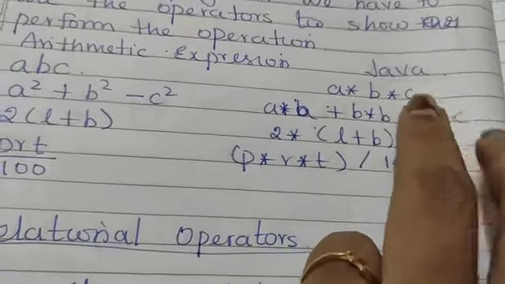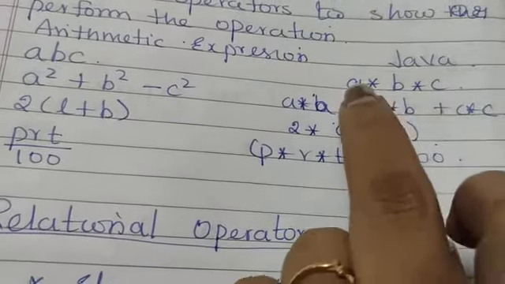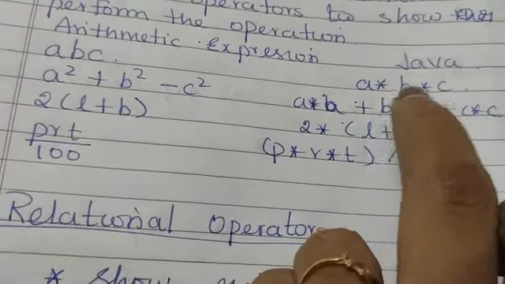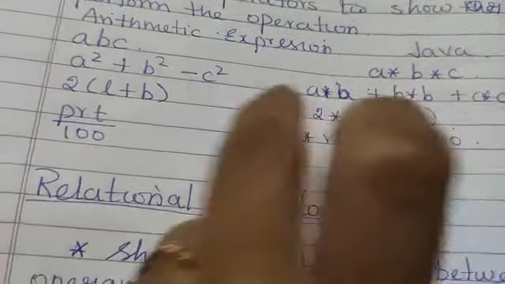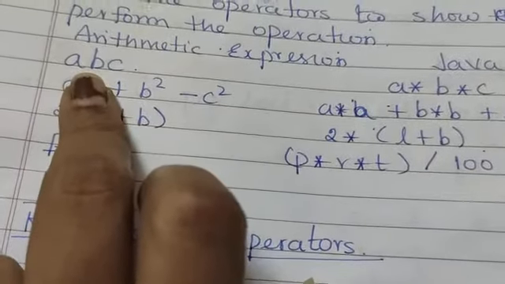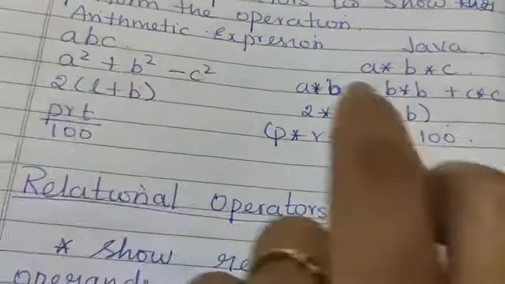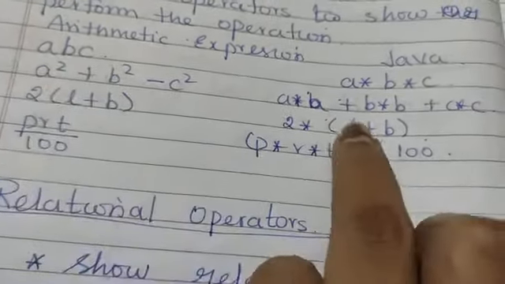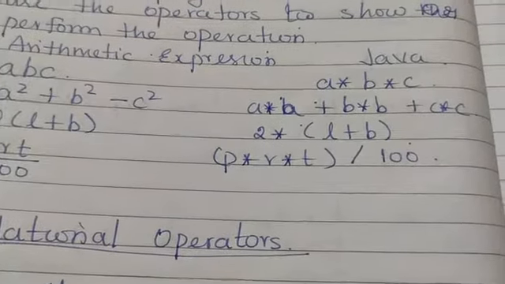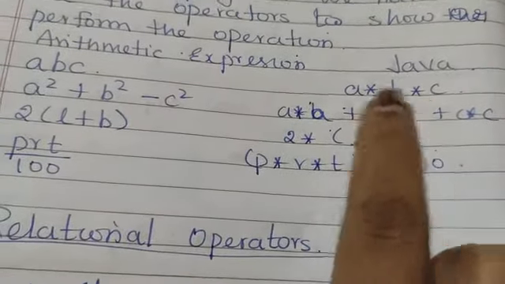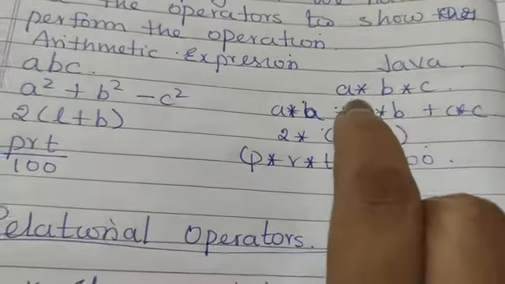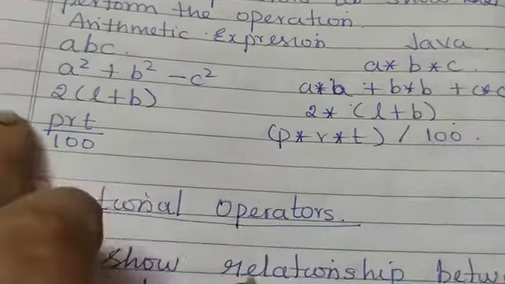So in Java, the expression should be given using the operators. If the operators are not present, it will consider it as either a string or a word. So ABC should be given as A into B into C. For multiplication, we give star in the computer.